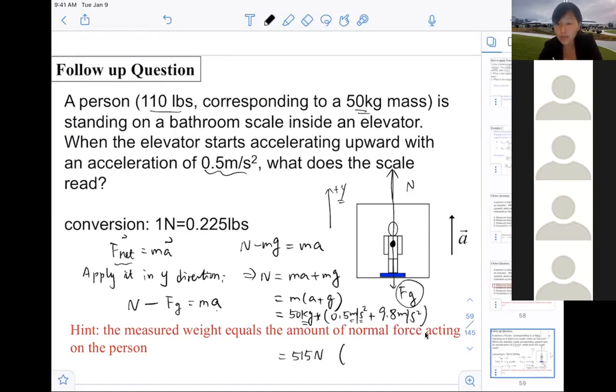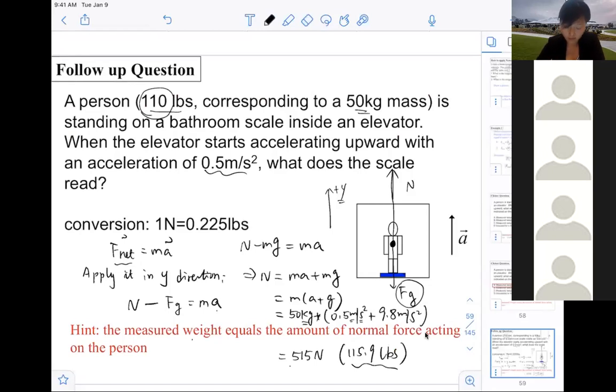If you convert that to pounds, that is roughly 116 pounds. So you can see it is a bigger number than what you normally would read on your scale, because the measured weight is simply equal to the normal force that is provided.